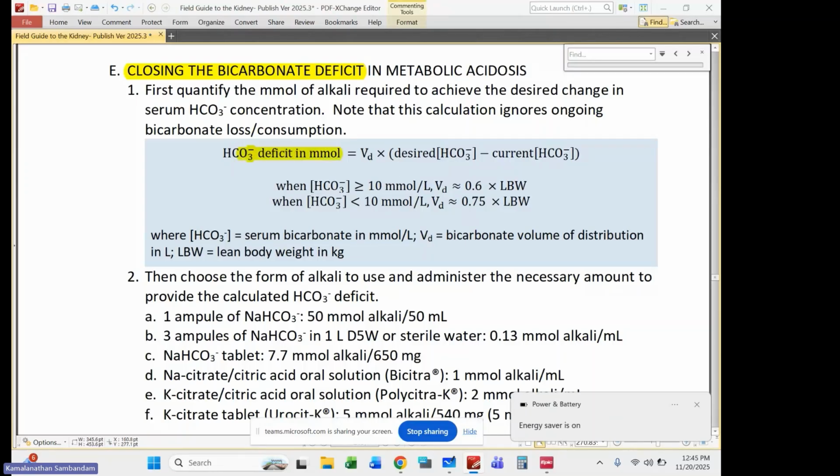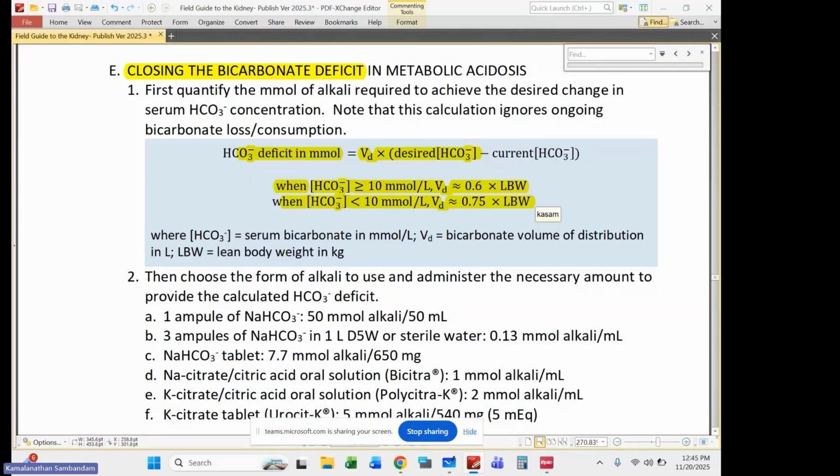So how do we do that? We need to know the volume of distribution of bicarbonate, which is variable, okay? In patients that have relatively modest amounts of acidosis, a bicarbonate greater than 10, it would be roughly total body water. But once you get more severe metabolic acidosis, your effective volume of distribution goes up. Okay. What is happening in those scenarios?